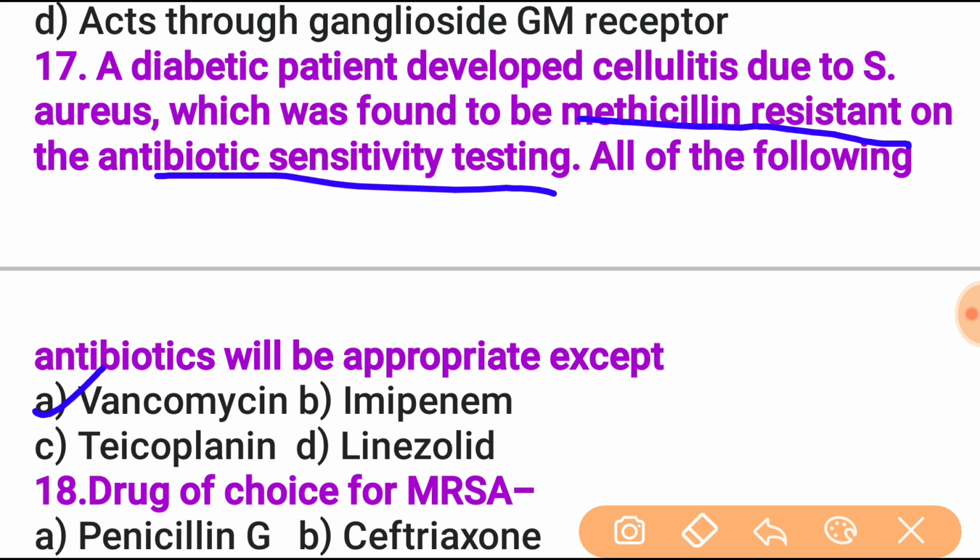Vancomycin is the appropriate drug for methicillin resistant. Teicoplanin and linezolid are also used, while imipenem is active against Staph aureus but not the methicillin resistant. So the correct option is imipenem.